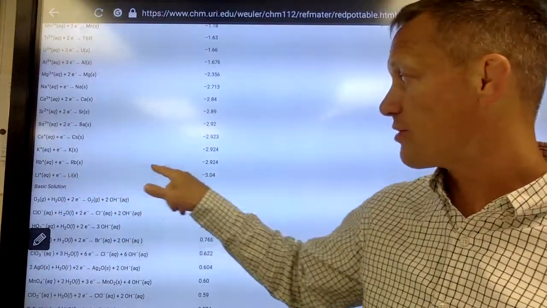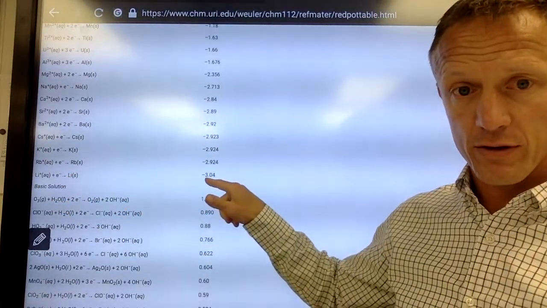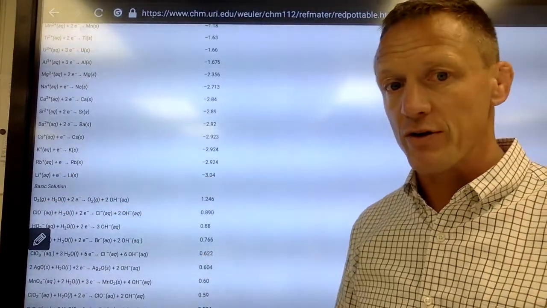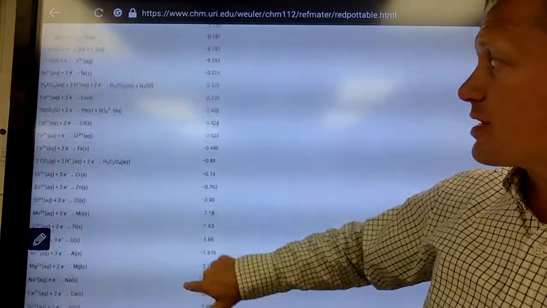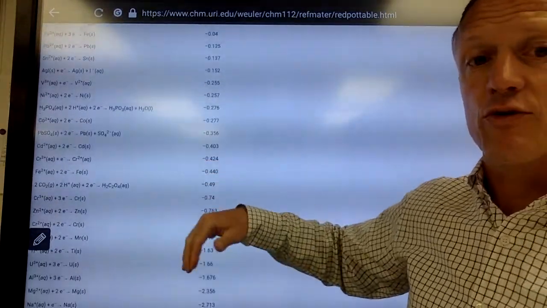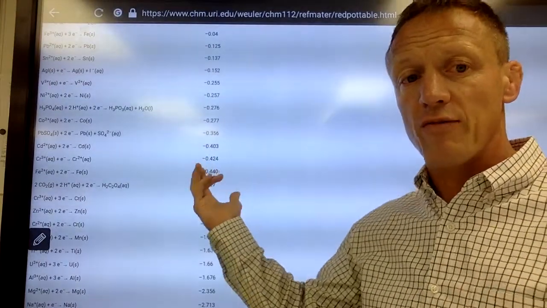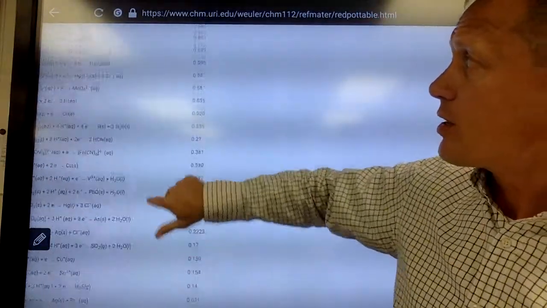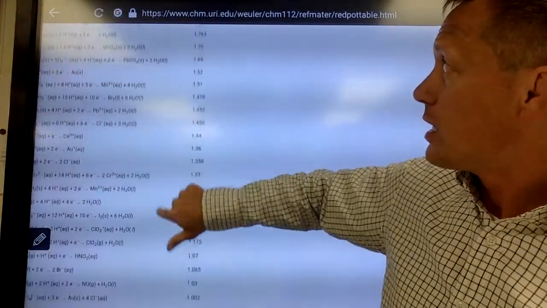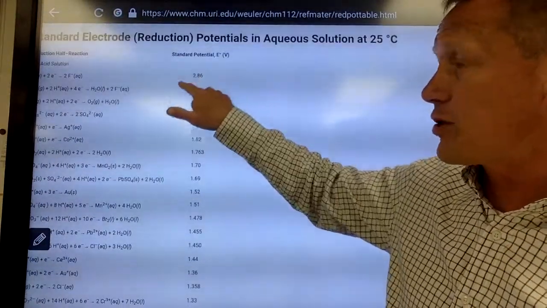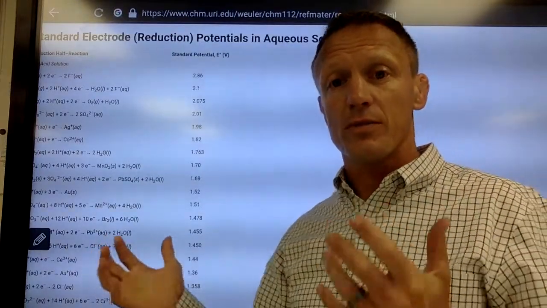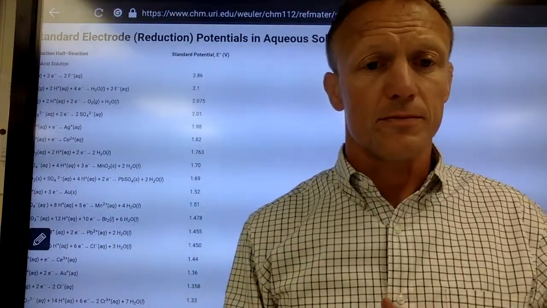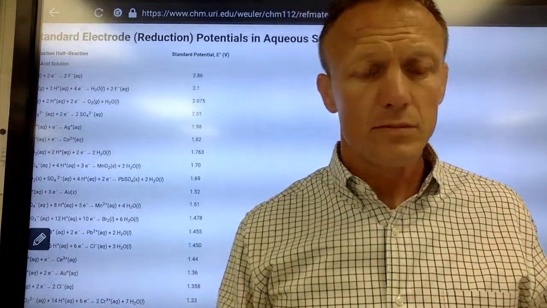Its reduction potential is negative 3.04 volts. So things that have negative reduction potentials do not want to be reduced. They would rather be oxidized. If we flip these around, it is an oxidation potential. So if you made something with fluorine, that has a really high reduction potential, and lithium that has a really high oxidation potential, very high voltage there.